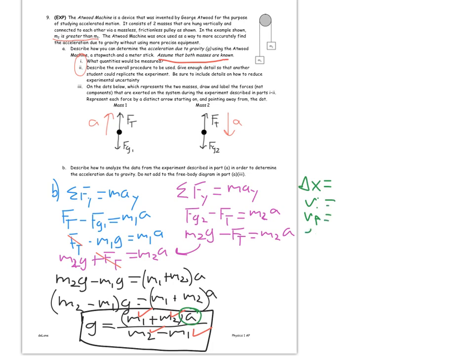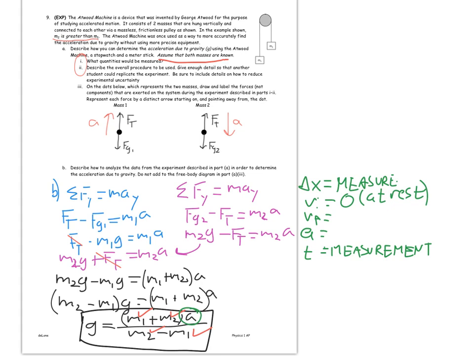Things that I can measure using that equipment: I can measure the displacement using the meter stick, and I can measure the time using the stopwatch. And to get that third variable I need to solve for something with kinematics, I'm just going to say that my system starts at rest, so my initial velocity is 0.